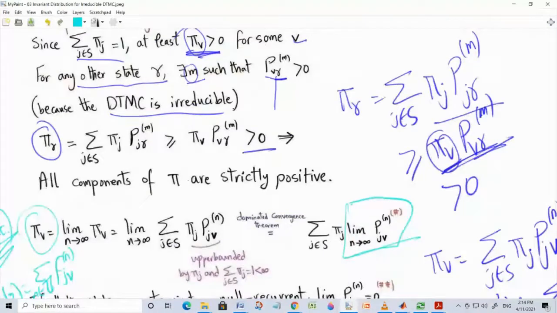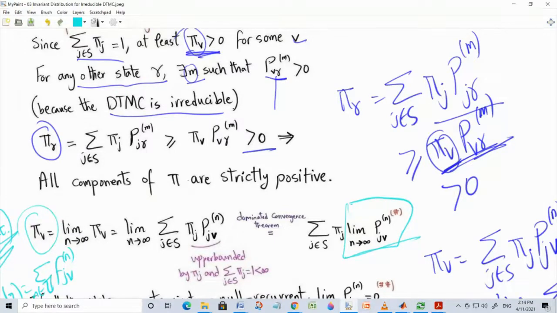Okay, and then you go back to pi v or any one of the pi's, and you play this game. You write the eigenequation, and then you take the limit of both sides as n goes to infinity. On the left, we have a probability that does not depend on n, so it will remain as is, and it will be a positive quantity. And on the right, we will have a limit and an infinite sum.